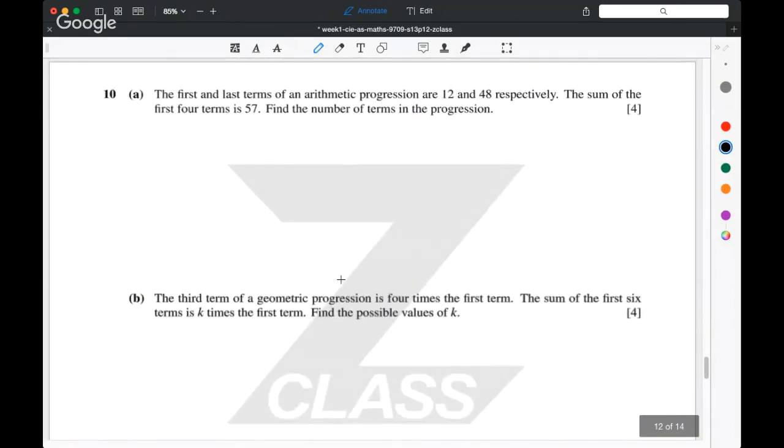Okay, now we're looking at series. So the first one is an arithmetic series. An arithmetic series is one of the form a plus a plus k plus a plus 2k and so on, where each term increases by the same amount on the previous term.